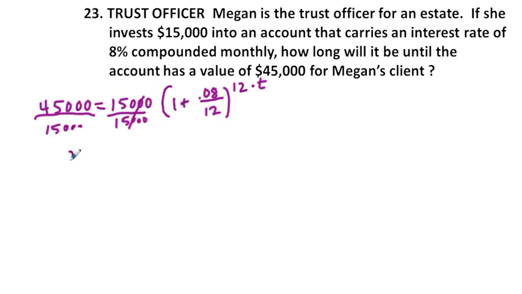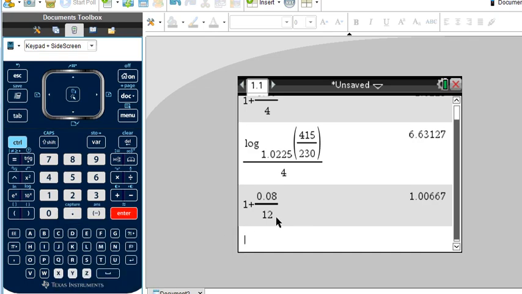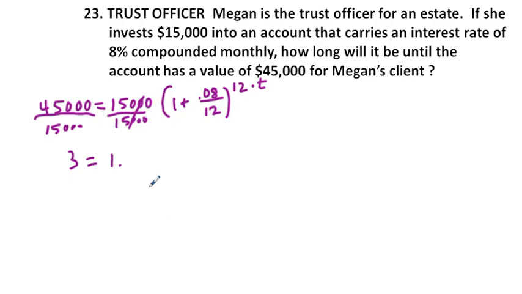We have 3 equals 1.006667 to the power of 12t.